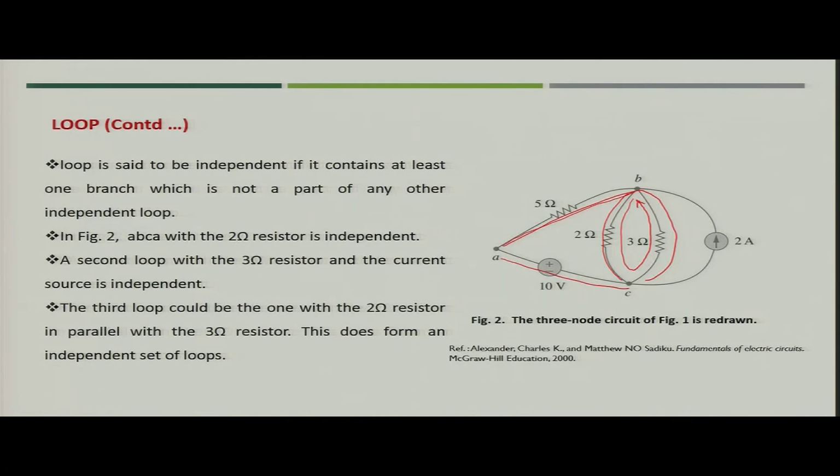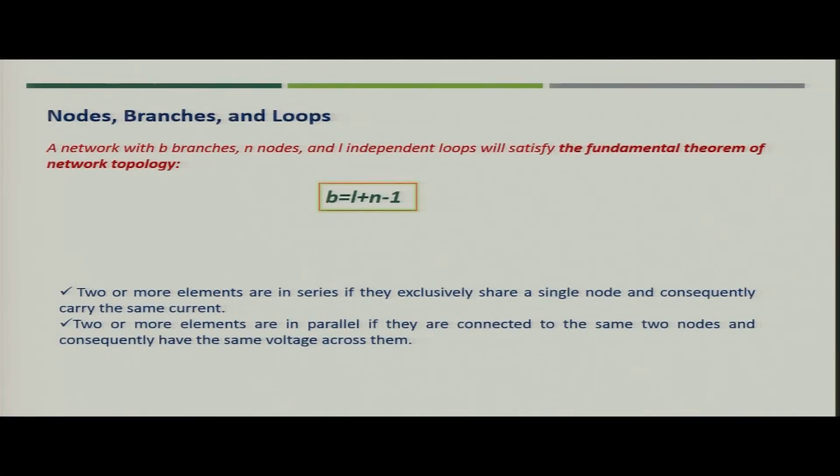Now, the question would be how you will find out whether you have got the correct number of loops or not. For that we use the fundamental theorem of network. So, B is equal to L plus n minus 1, where L is the number of loops, n is the number of nodes and B is the number of branches. You can find the number of nodes and the number of branches, so you can easily find what the number of loops would be.